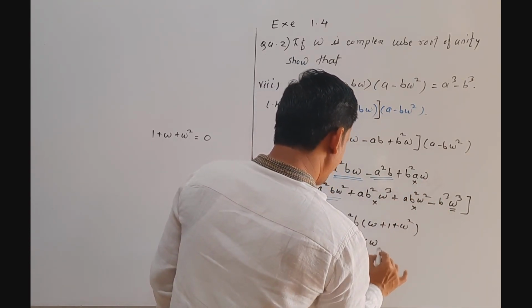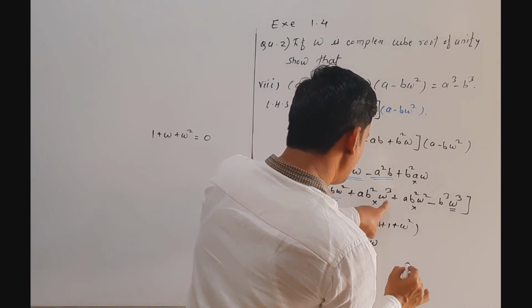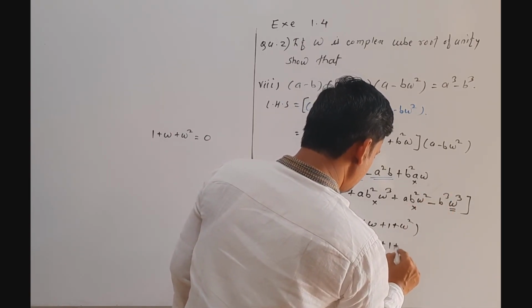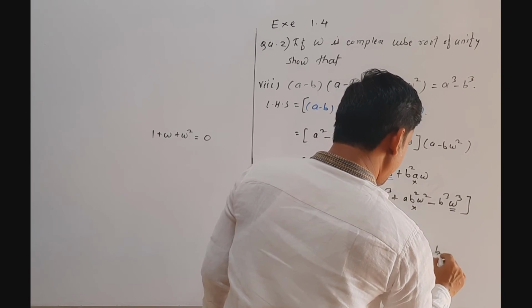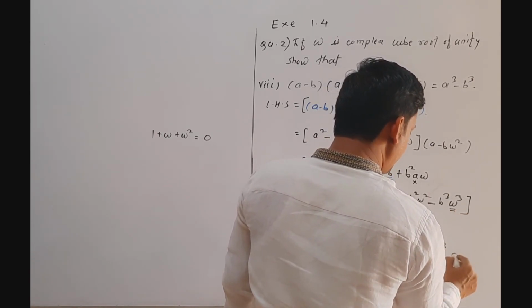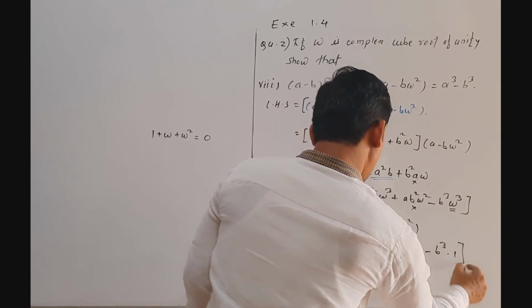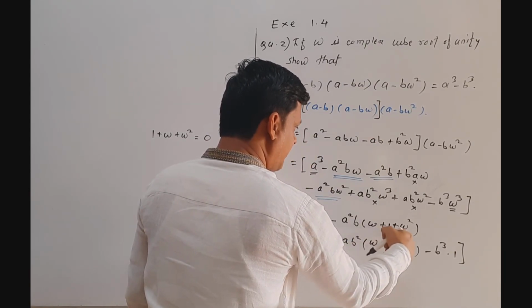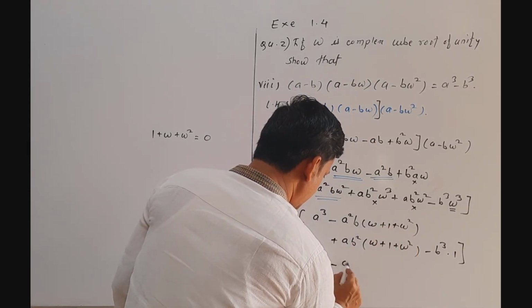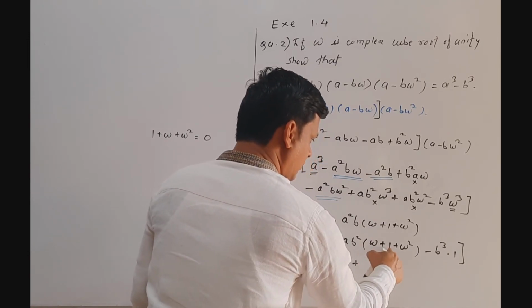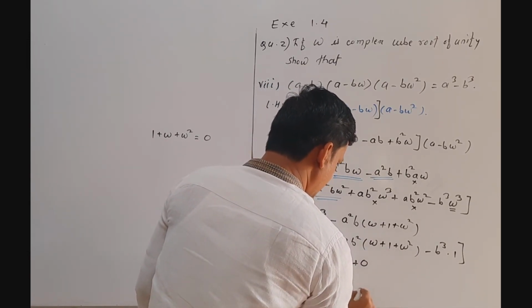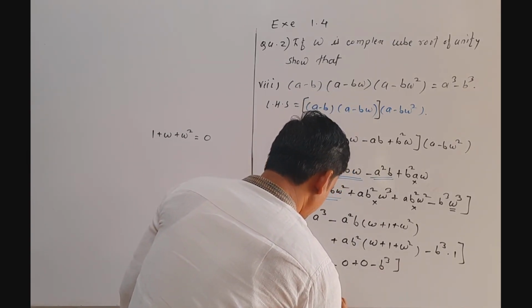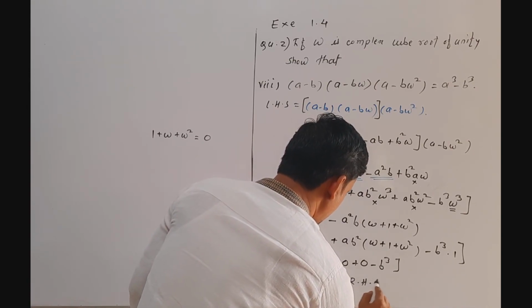Here is omega, here is omega cube which is 1, here is omega square, minus B cube into omega cube, we replace by 1. So we write here A cube, 1 plus omega square is 0, so this term gets 0, plus 1 plus omega square is 0, so we write this as 0, minus B cube, which is equal to A cube minus B cube, which is equal to RHS.